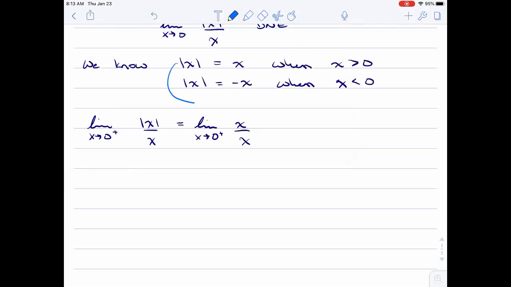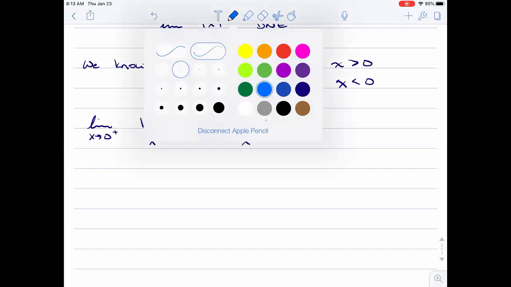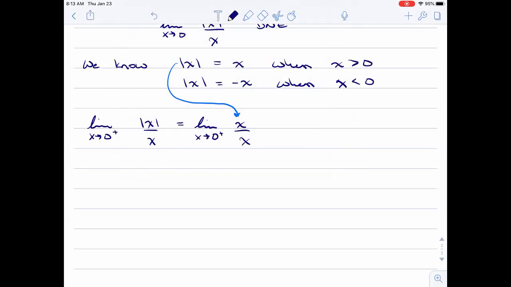So x over x is just 1. The limit of a constant is just that constant. So now we have the limit as x approaches 0 from the right of 1 is just 1.